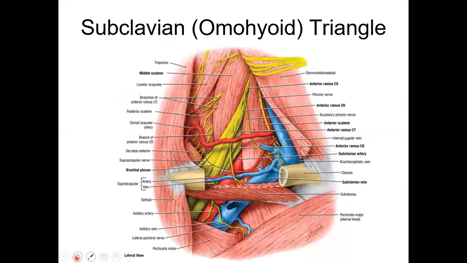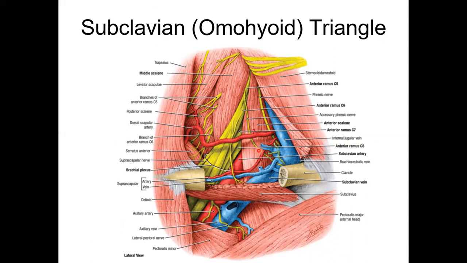Okay. Another picture of your subclavian triangle, also known as your omohyoid triangle, because it's literally the inferior belly of omohyoid that's creating it, because it's that superior border for it. So you can see your subclavian vein, your subclavian artery.